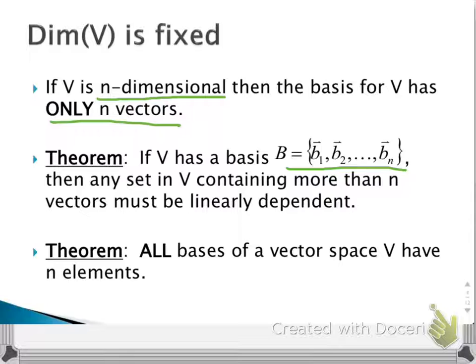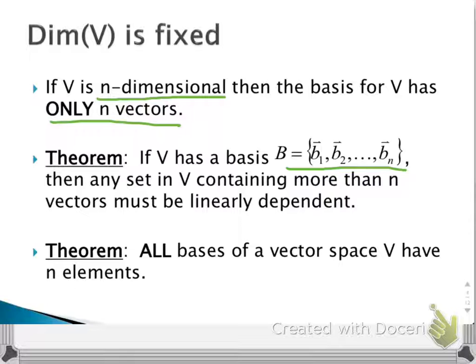So if we have a set of 5 vectors in R3, then we know that it has to be linearly dependent, right? Okay, hope that makes sense. And then the other theorem: all bases of a vector space V have n elements. Okay, all bases of a vector space V, if V, again, we're talking about if V is n-dimensional.